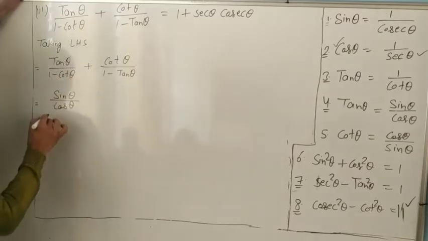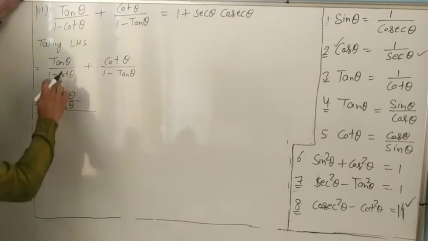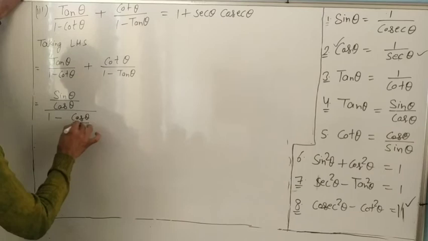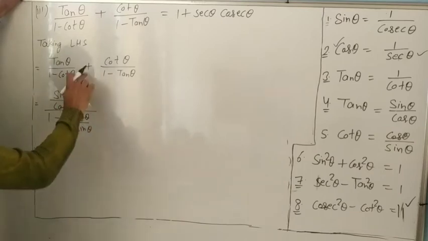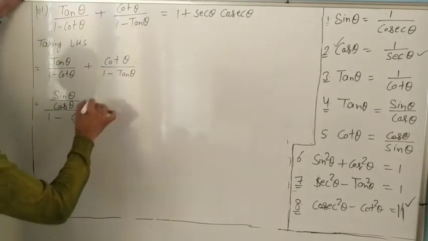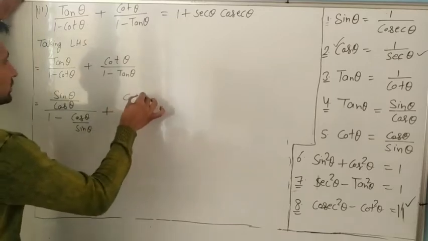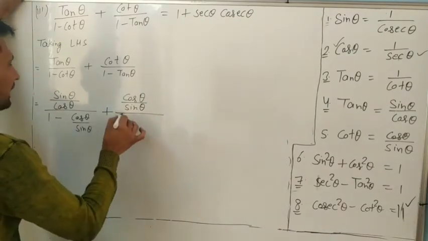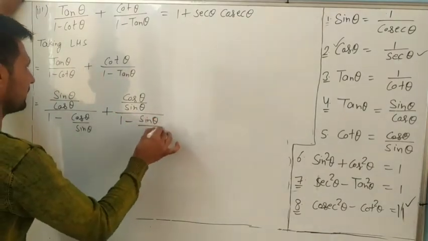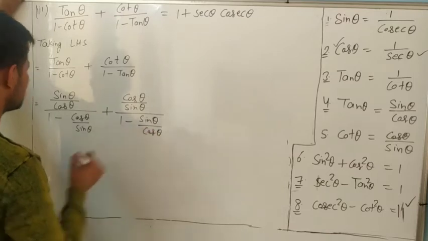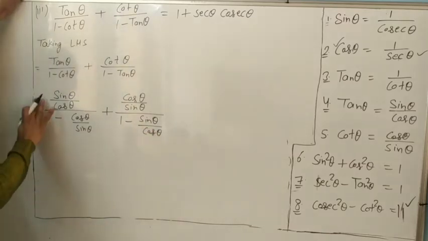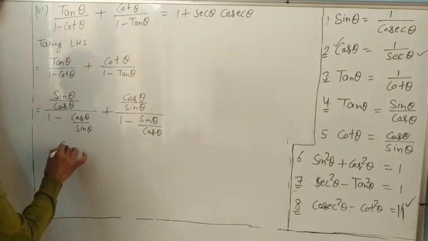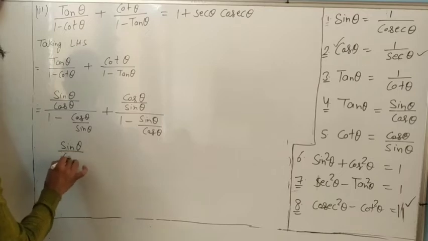Now this big fraction: 1 minus cot, where cot is cos theta upon sin theta. Now plus in the middle, and cot is cos theta upon sin theta, and now the big fraction 1 minus sin theta upon cos theta.